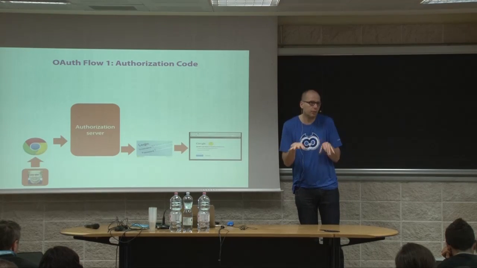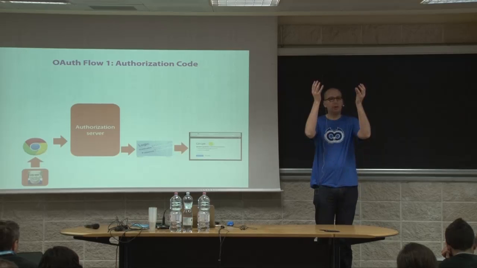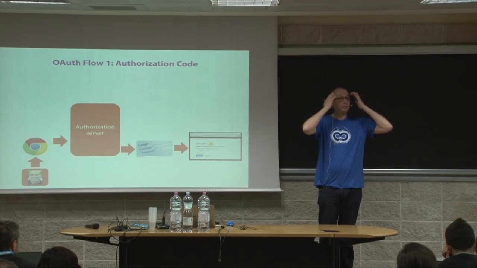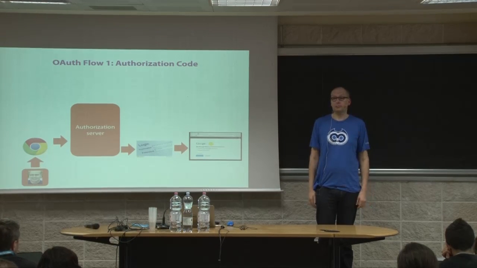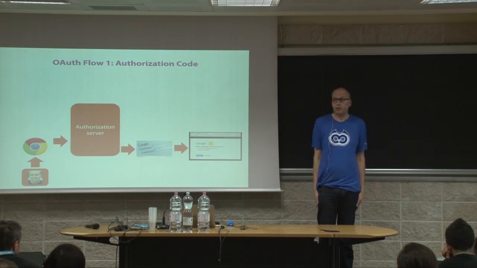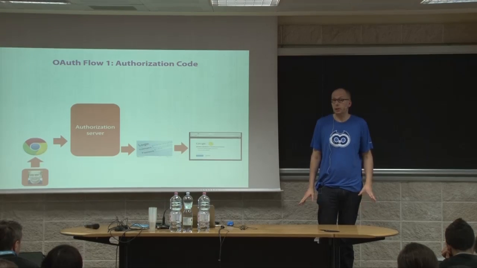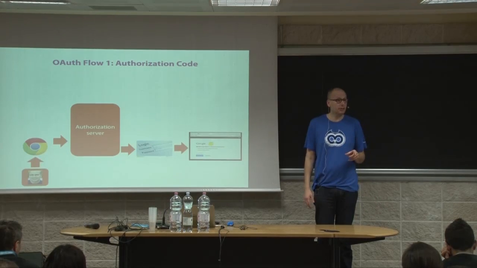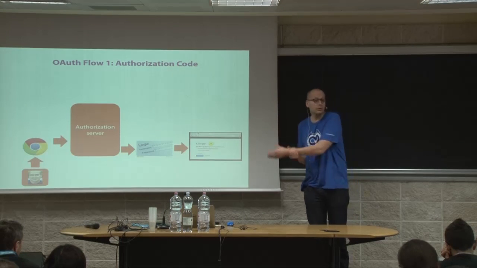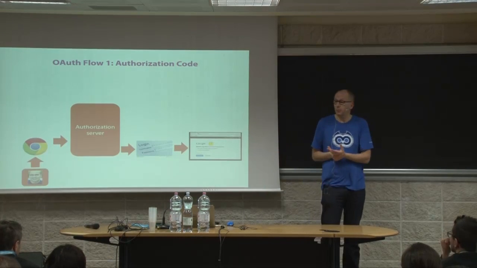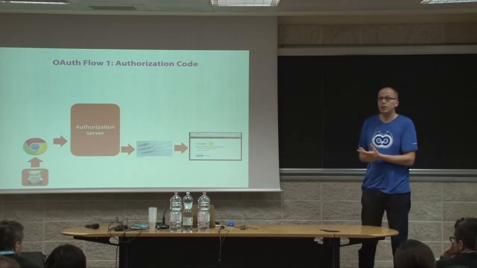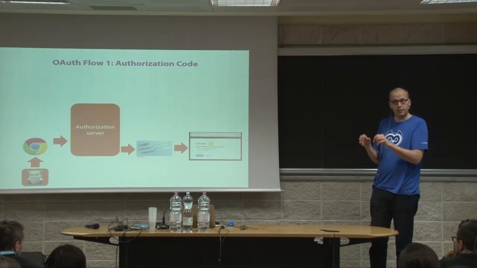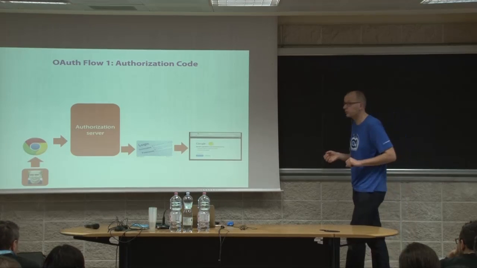So I type in a URL in my browser, it goes to that URL, and my application says, well, you don't have a token, so you don't have access. So it redirects automatically to the authorization server. It knows what the authorization server is because it's configured with that URL. So it redirects to that authorization server.